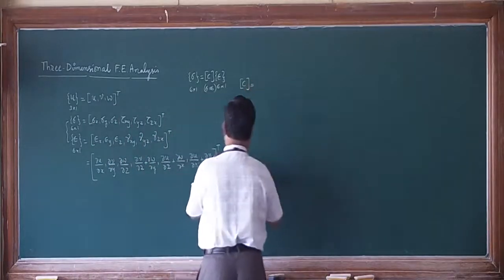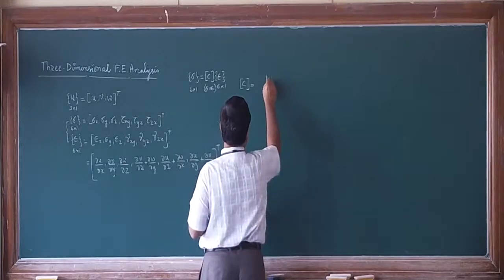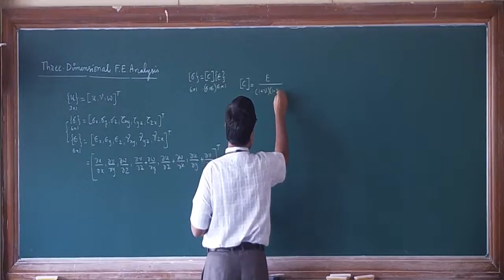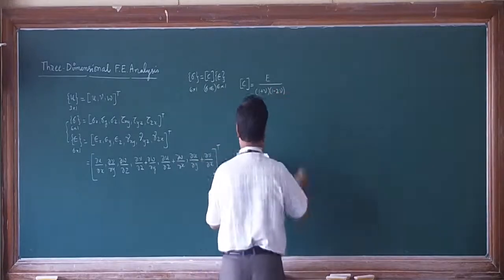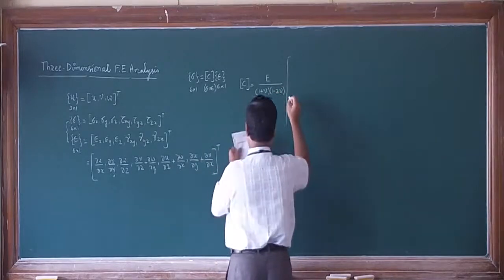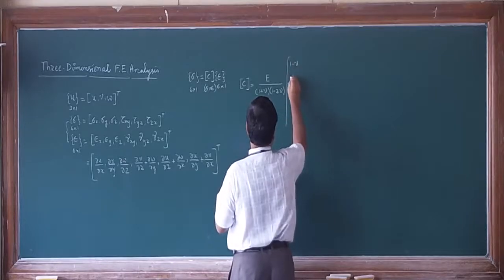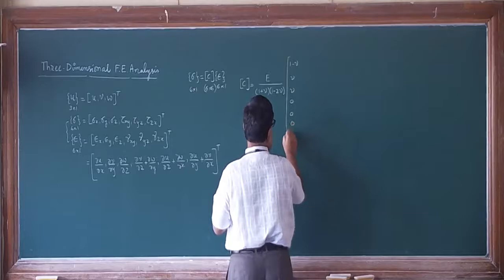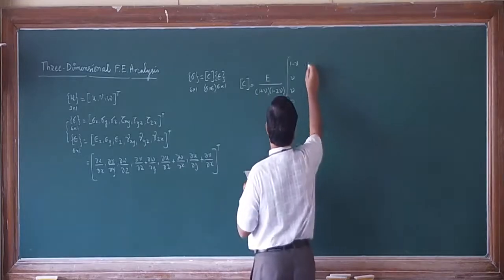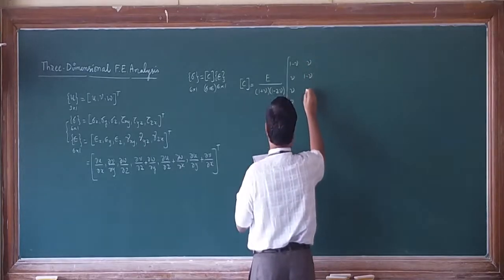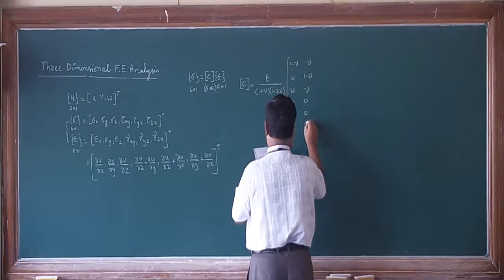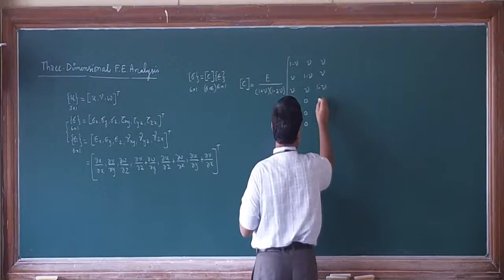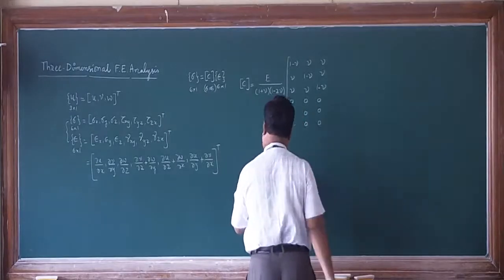It is going to be given by E upon 1 plus nu, 1 minus 2 nu, and here we are using 1 minus nu, 0, 0, 0, nu, 1 minus nu, 0, 0, 0, nu, 1 minus nu, 0, 0, 0.